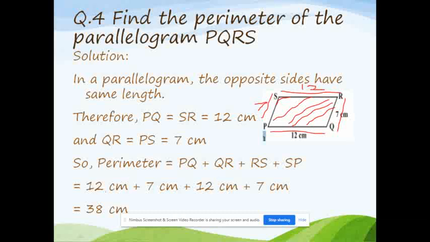So 12 centimeter is the length of PQ, 7 centimeters is the length of QR, 12 centimeters is the length of the side RS, and 7 centimeters is the length of the side SP. Therefore, when we add all these values, we get 38 centimeter.